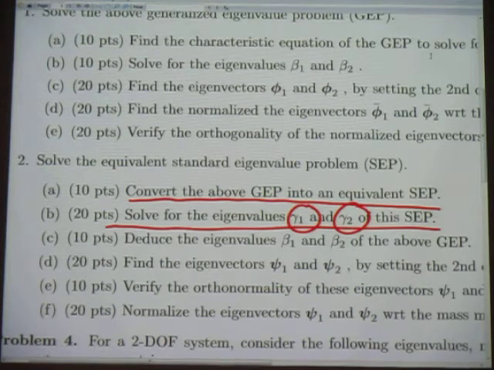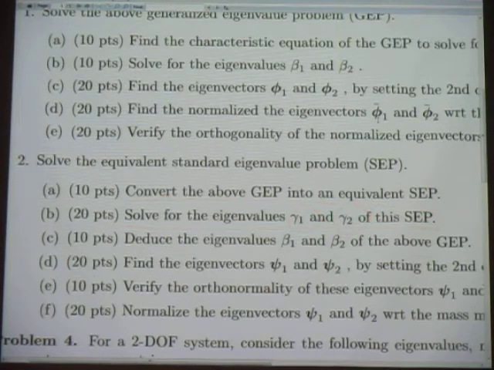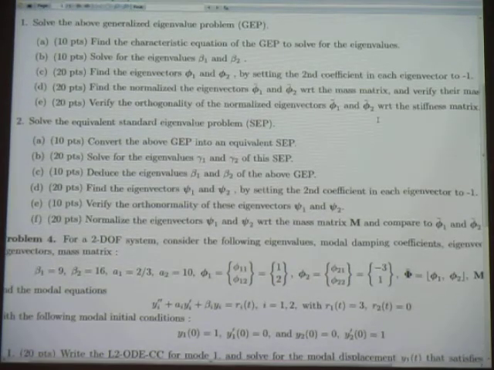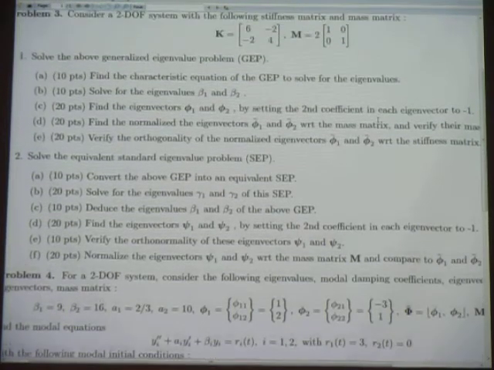Isn't that what you were doing in your handwritten notes on Monday? These, the gamma 1s and 2s. Right? In meeting 15. Yeah, I did show that before. But here, let me.